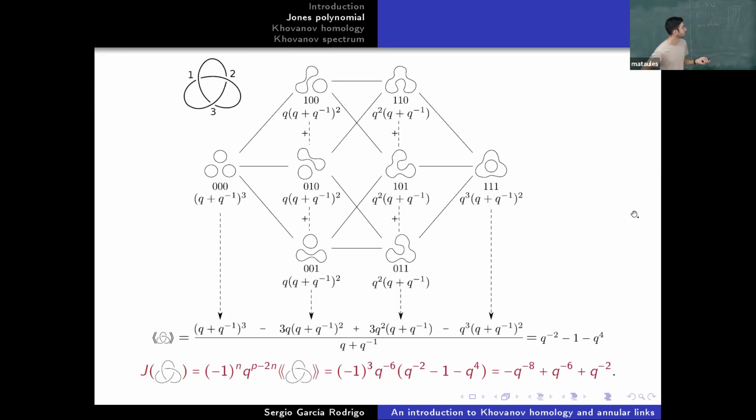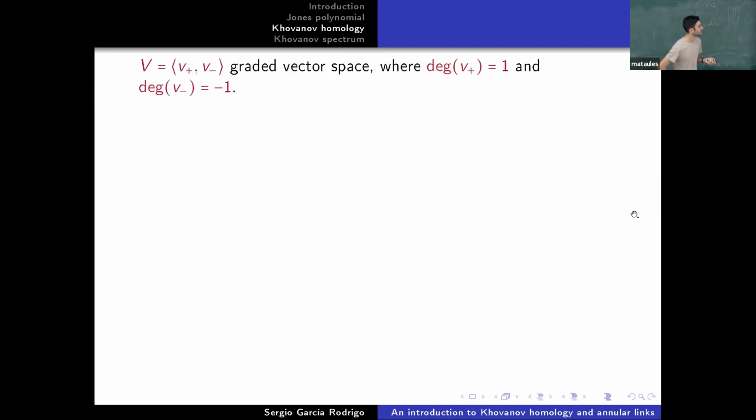Okay, we have to remember this cube right here. And right now what we define is a graded vector space that is generated by v plus and v minus, which carry degree +1 and -1. So if we compute the graded dimension of the space, it's just q plus q to the minus 1.